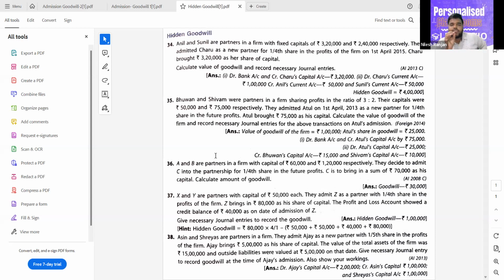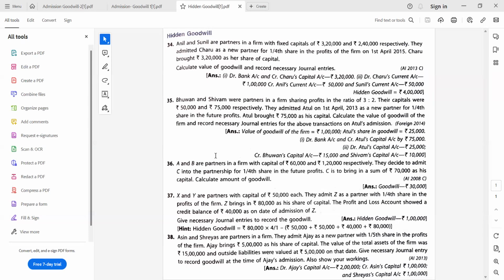The third case, when the new partner does not bring the goodwill, then what is the journal entry we pass? New partner's capital account debit to sacrificing partners' capital account.